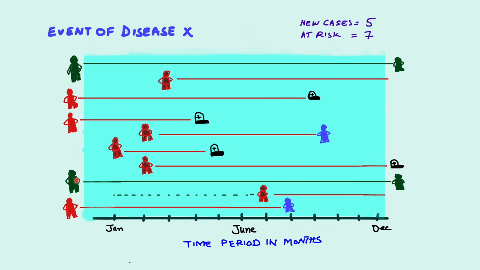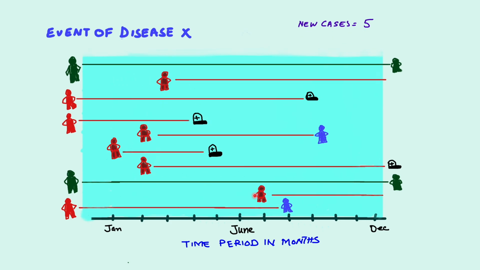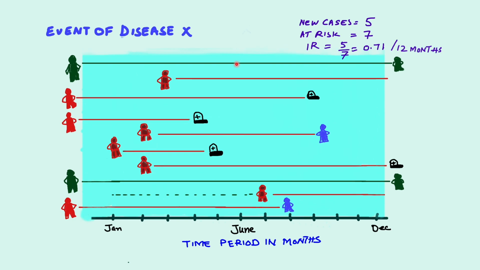These 2 persons remained healthy throughout the study period, so they are included in the denominator. These 5 are also included because they were healthy at the start of the study. Therefore, we have a total of 7 individuals at risk. 1, 2, 3, 4, 5, 6, and 7.